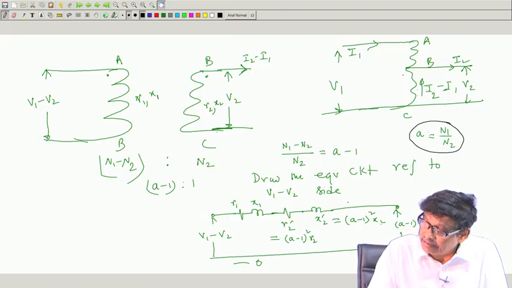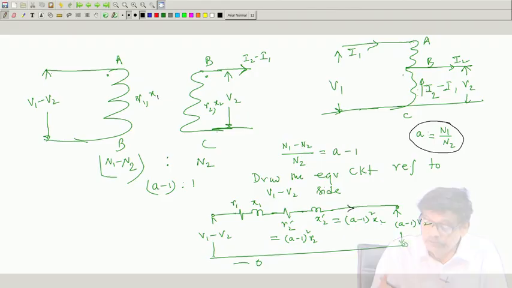And mind you, this current here is not I 2. How much will be the current? In case of a two winding transformer, you know it comes I 2 by A. So, it will be I 2 minus I 1, the actual secondary current, divided by A minus 1.